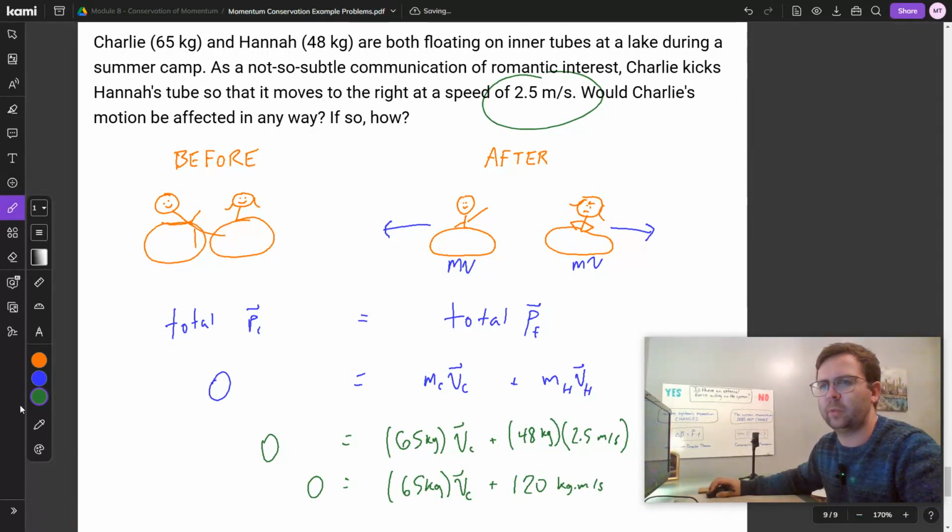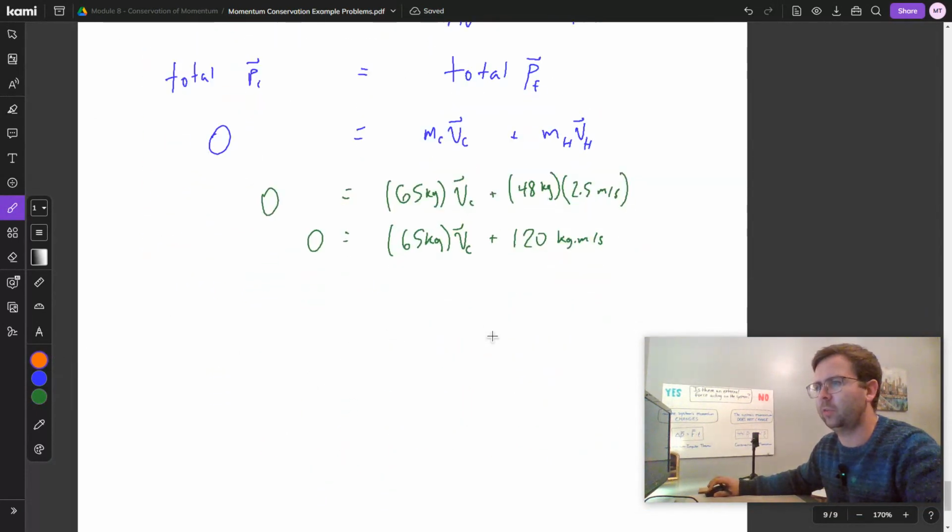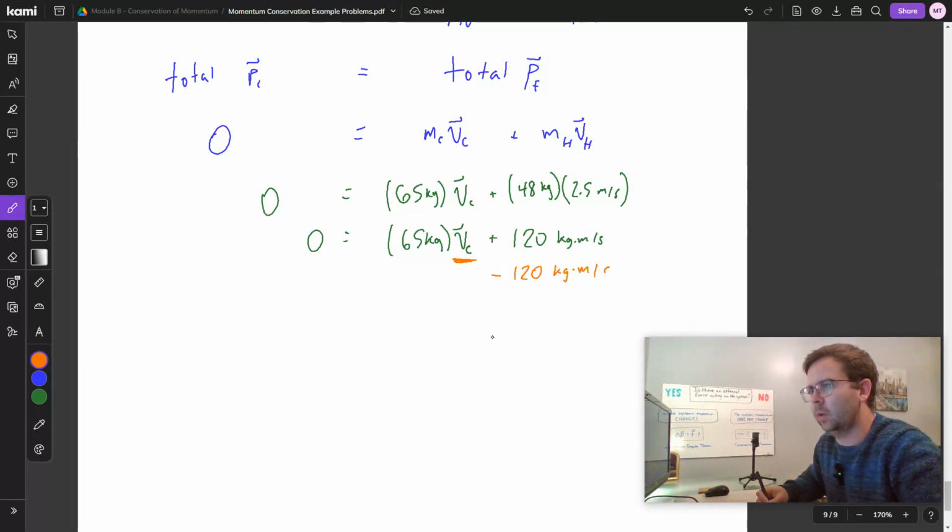We're solving for the velocity of Charlie, so we're going to try to isolate this quantity right here. We need to get rid of the 65. We need to get rid of the 120. We're going to start with whatever's farthest from our variable that we're solving for. We're going to move this and undo this addition. We have to do the same thing to the other side to keep it equal.